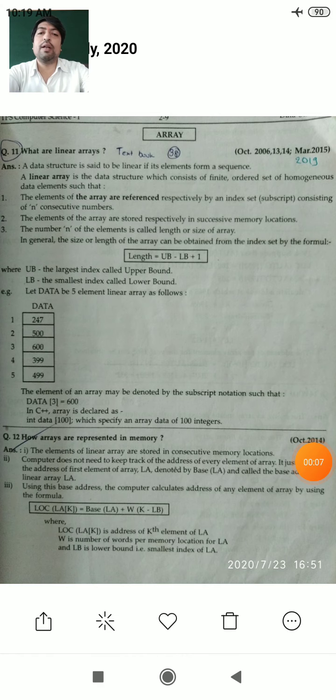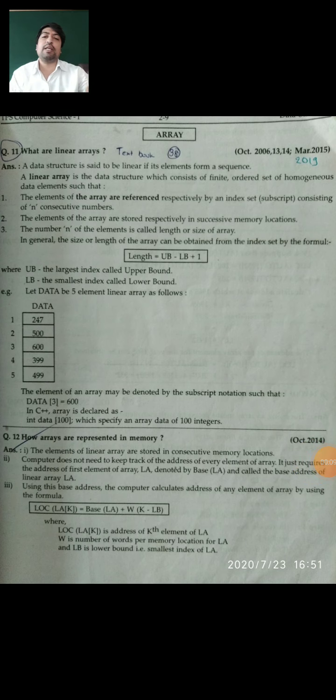Today we will learn the basic topics related to the array, and we will learn different examples related to the linear array. Today's question is how arrays are represented in memory.